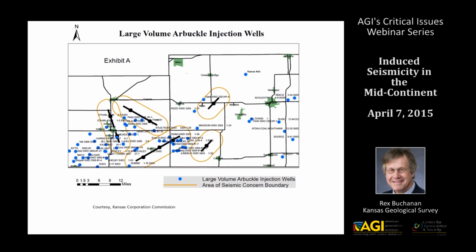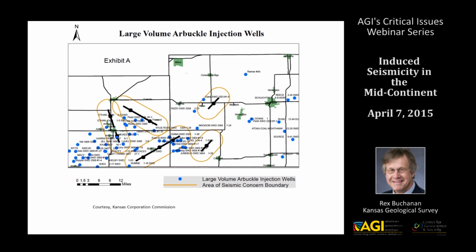They identified 5 of those in the 2 counties, and within those 5 areas have ordered the companies to do a series of staged cutbacks, beginning with the order. They will cut back all the disposal wells within those ellipses to 16,000 barrels. Within another 55 days, they have to go back to 12,000 barrels, and then at day 100, they have to be reduced to 8,000 barrels per day of disposal within those areas.